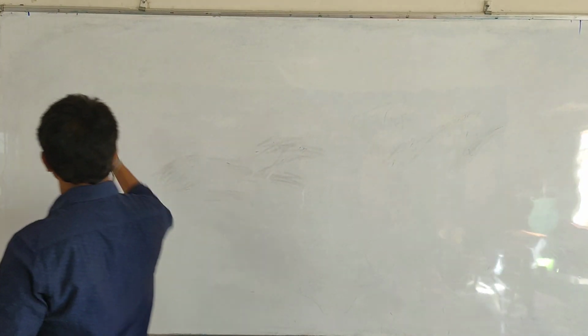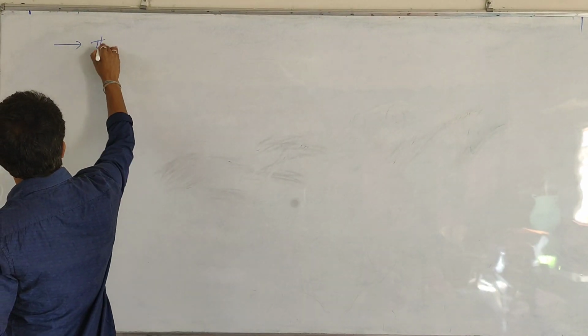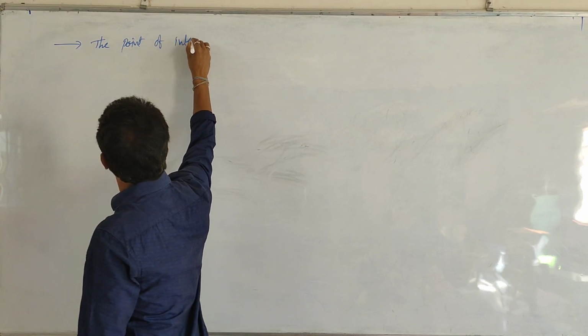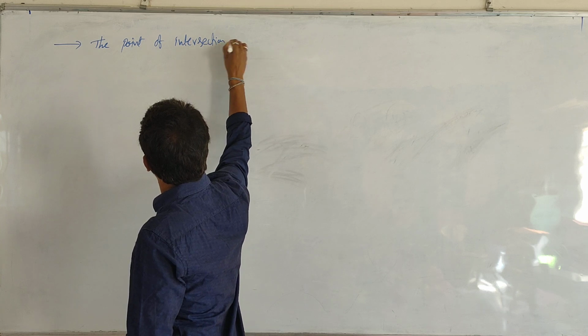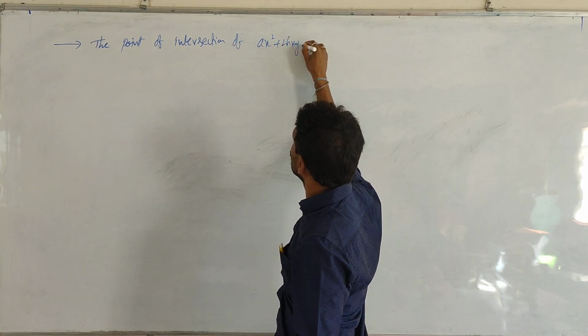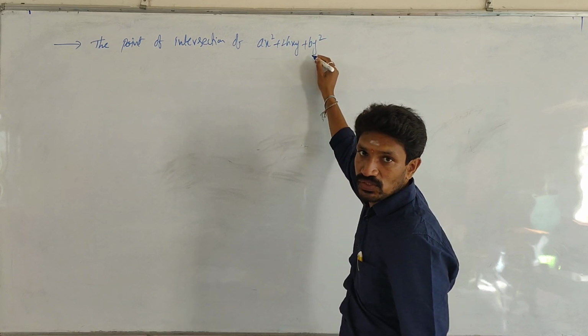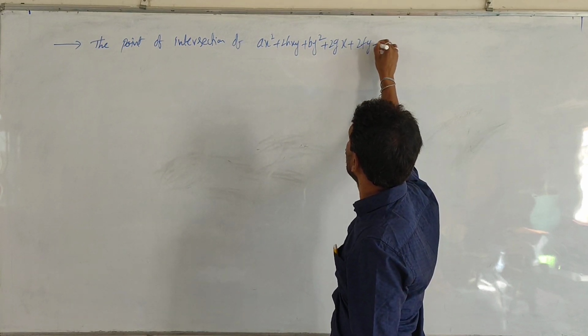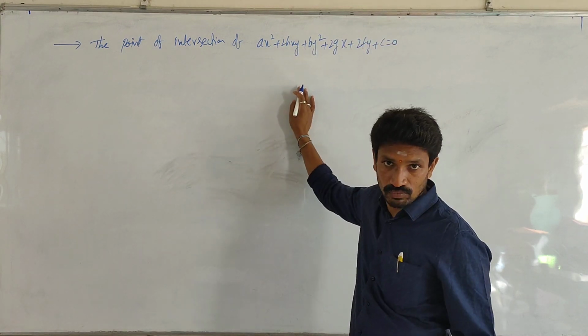Our next concept is the point of intersection of ax square plus 2hxy plus by square plus 2gx plus 2fy plus c is equal to 0.